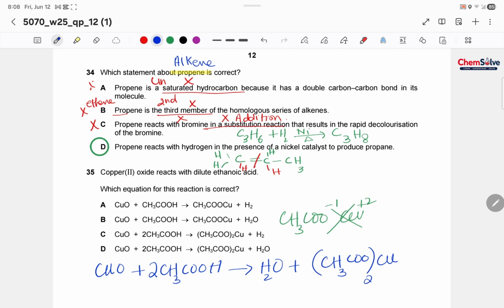So let's match our equation with the given options. So D is the correct one according to our equation. D exactly matches with our equation, so this is the correct one.